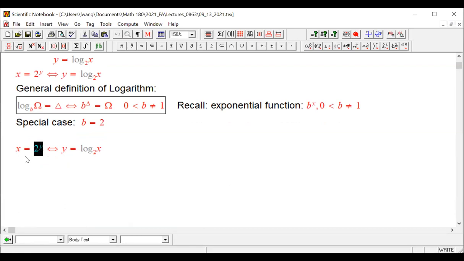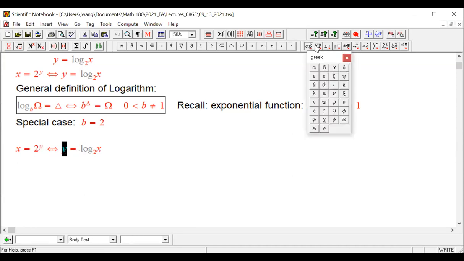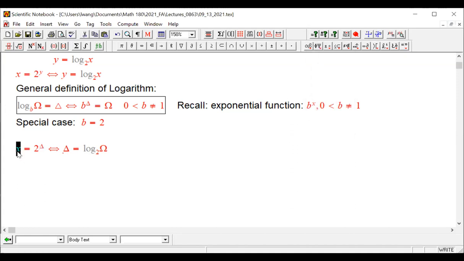Is there a domain consideration here? Now I'm going to change the symbols around a little bit. I'm going to call this triangle, and I'm going to call this baloney. Does everybody follow me?